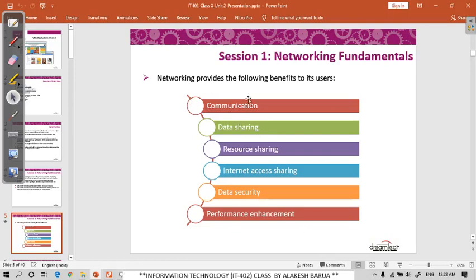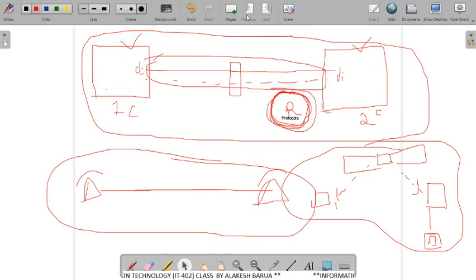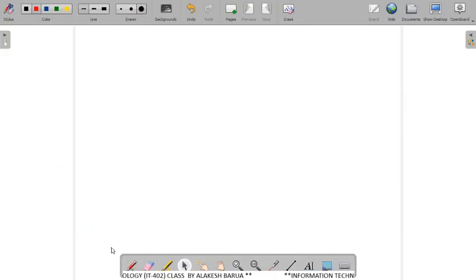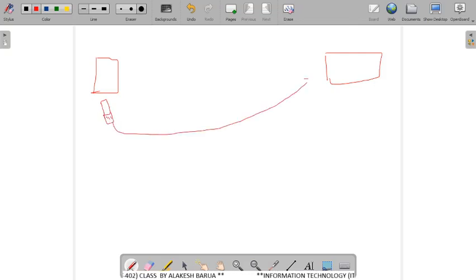So how does networking provide benefit in communication? Let's see. Let's say there are two computers, and they are not connected. If they have to exchange data and information, then they have to do it in an offline way. Either they have to store the data in a pen drive and then that pen drive will have to be brought to this computer and attached to this computer. Let's say this is computer 1 and this is computer 2.